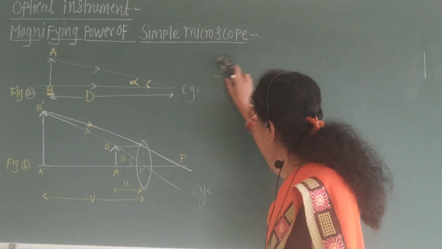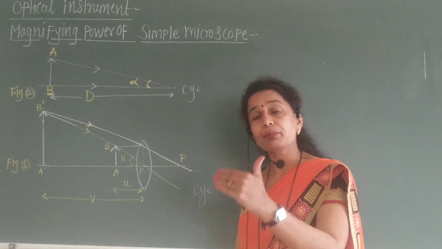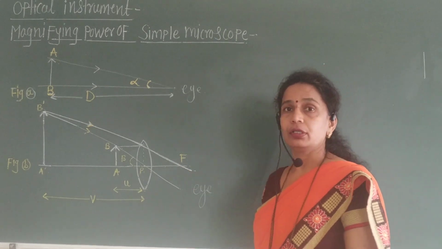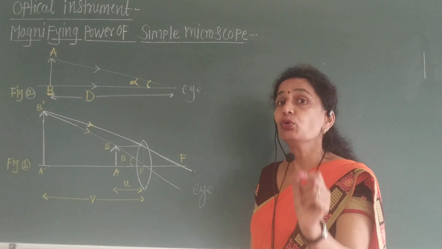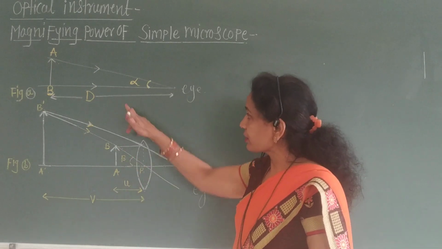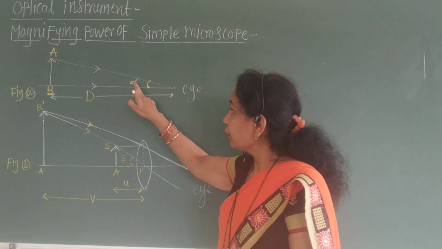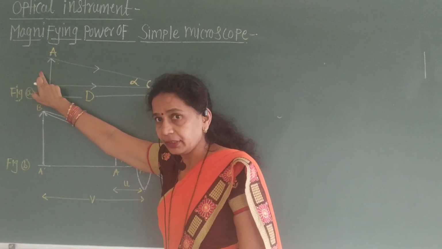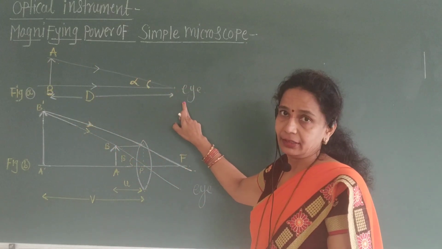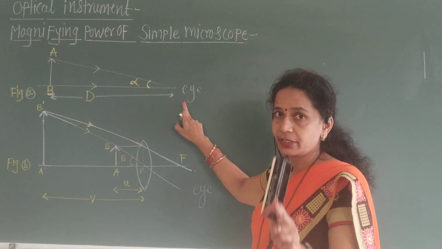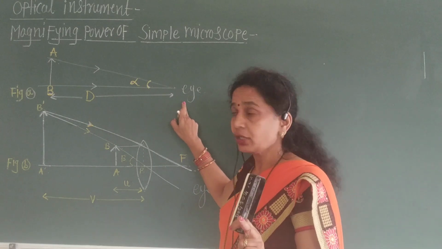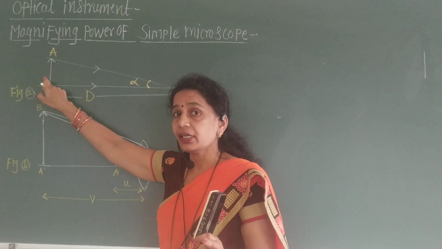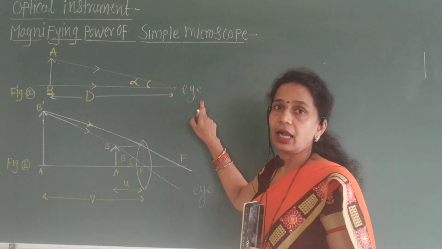We have to obtain the magnifying power of a simple microscope. On this blackboard there are two ray diagrams. The first ray diagram is for visual angle alpha made by the object AB with our eye.